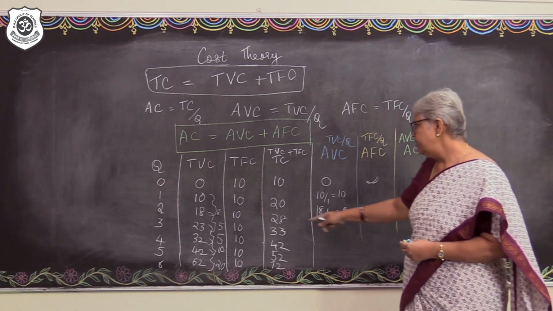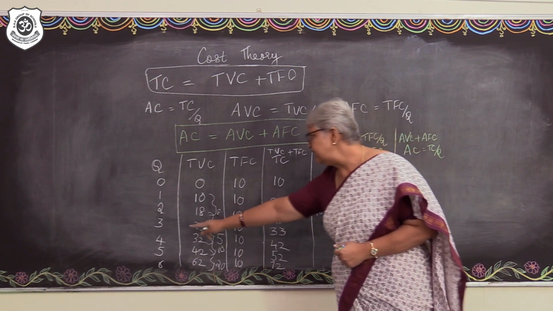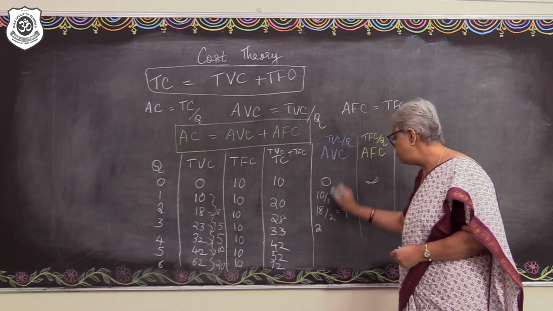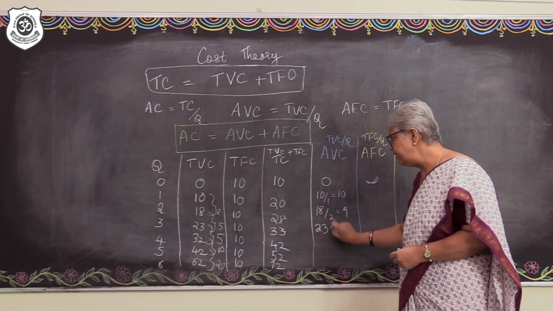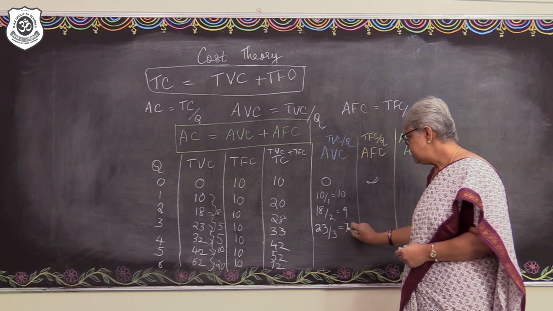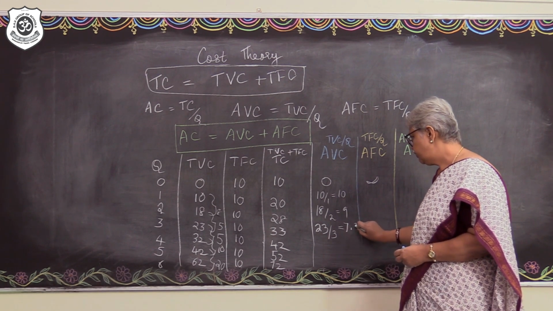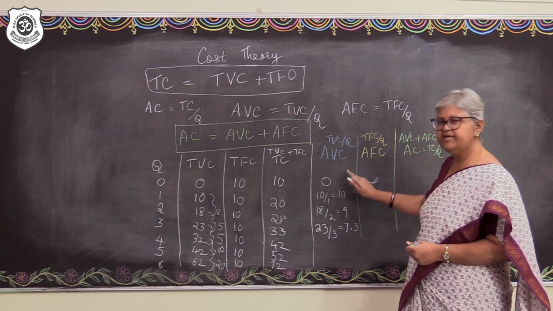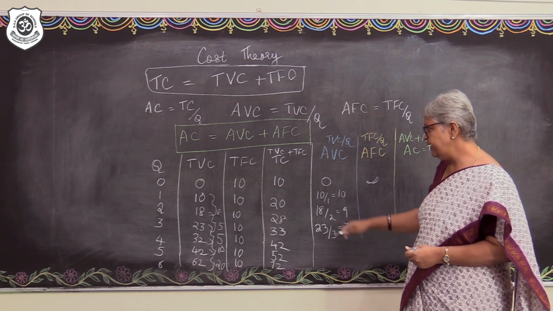Right? So then when the output is going to increase to the third, what do we see? The average variable cost will become 23 by 3. So that will be 7.67, isn't it? So what do we see here? It's continuously falling. The AVC is continuously falling.